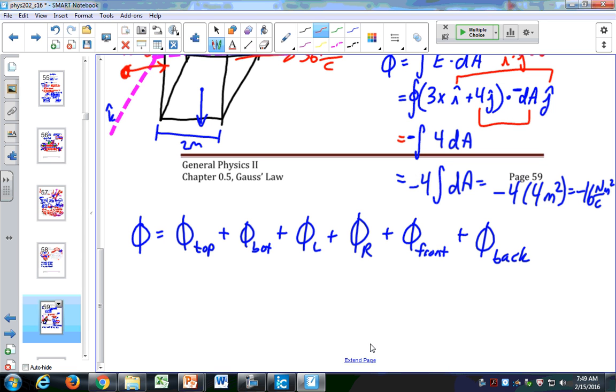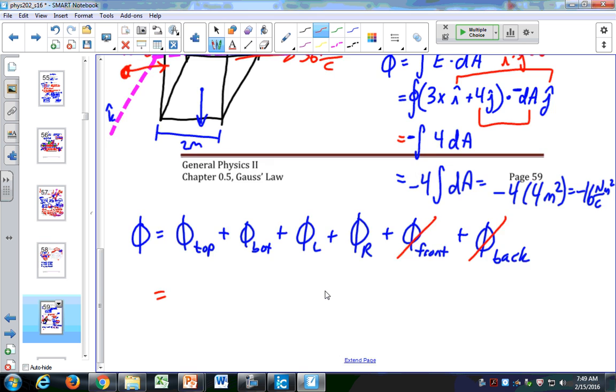We've already found that some of these go to 0 because our area vectors are in the k direction. That was the front and the back, right? So these both go to 0.